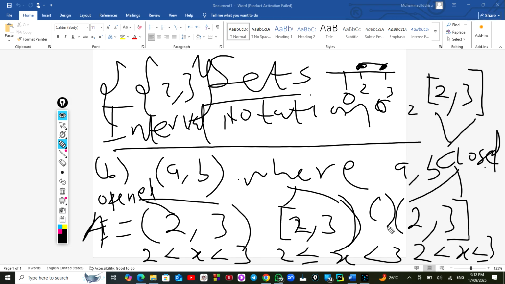It contains an infinite number of elements ranging between 2 and 3. It depends on the kind of interval it is, whether open or closed. So this one contains only 2 and 3, whilst this one contains an infinite number of elements. Let me say this one is A and this one is B. Let me cancel a small part and explain what I'm talking about.